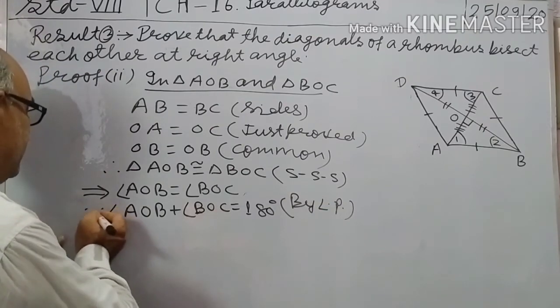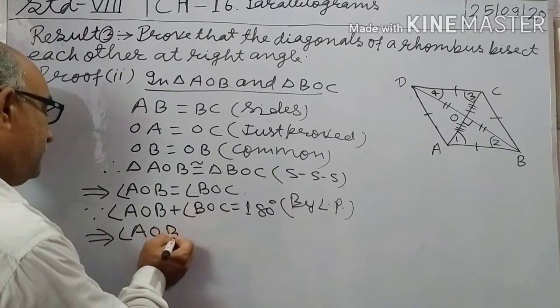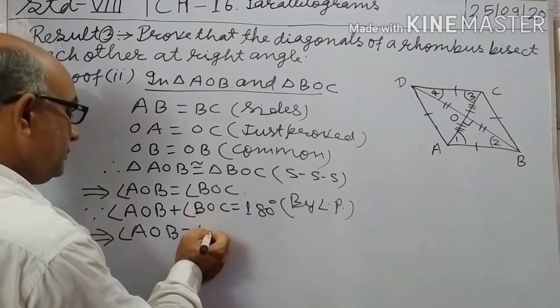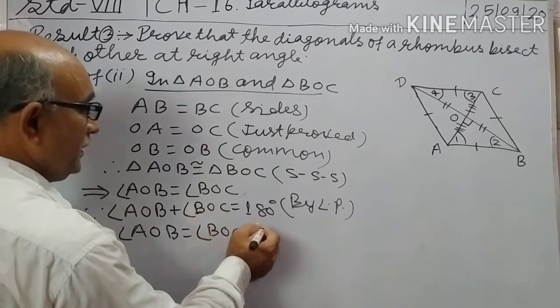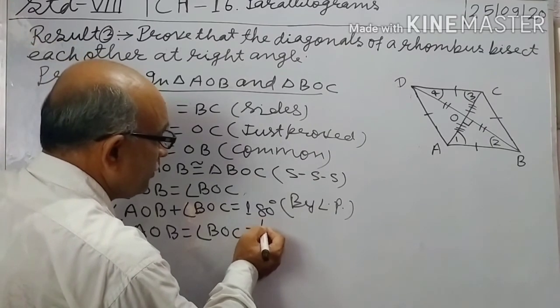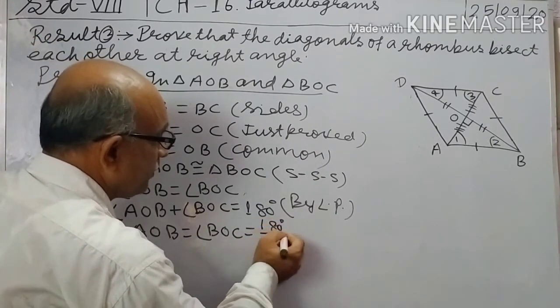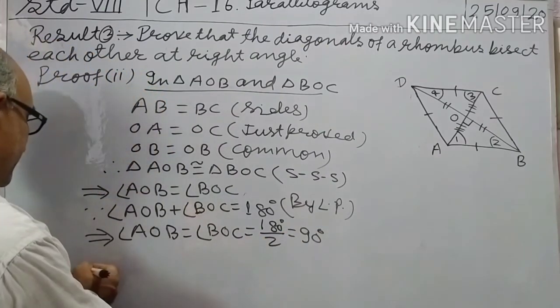That implies angle AOB equal to angle BOC equal to 180 degrees by 2, equal to 90 degrees.